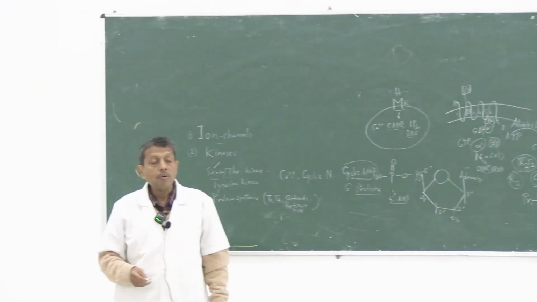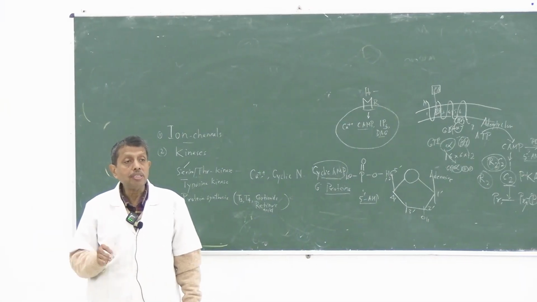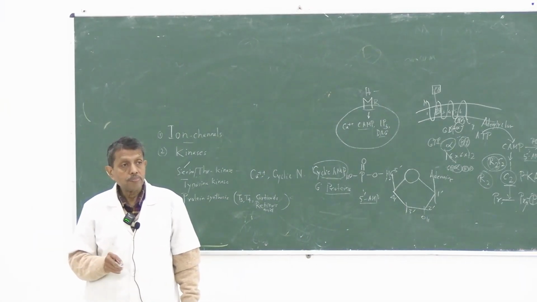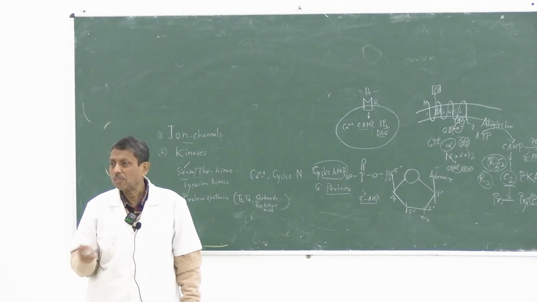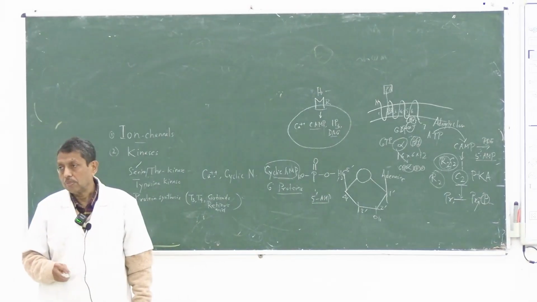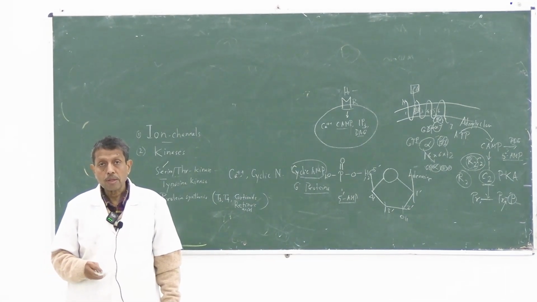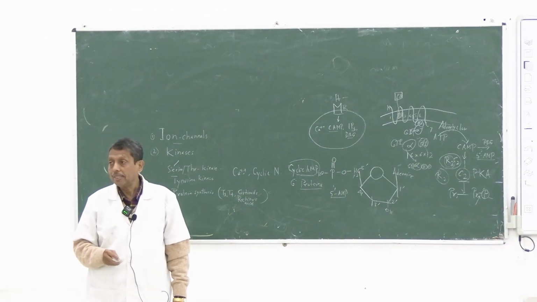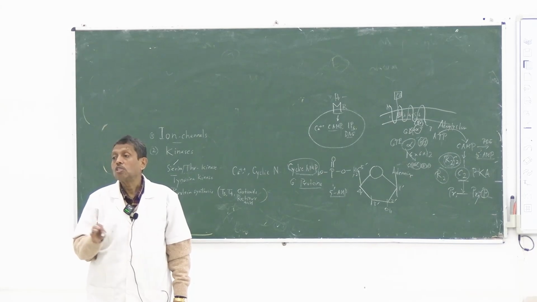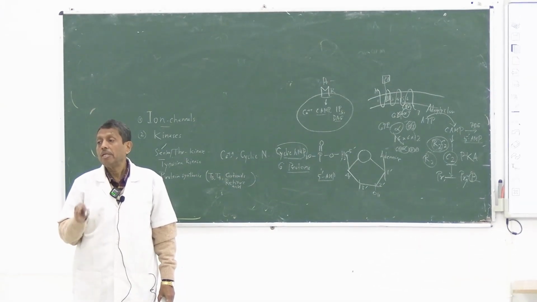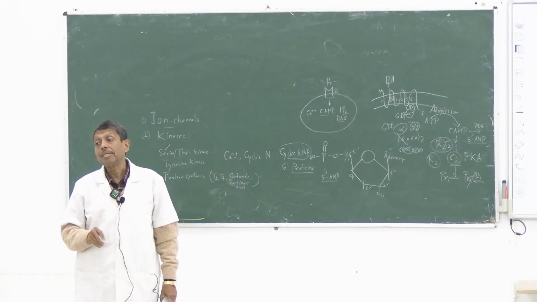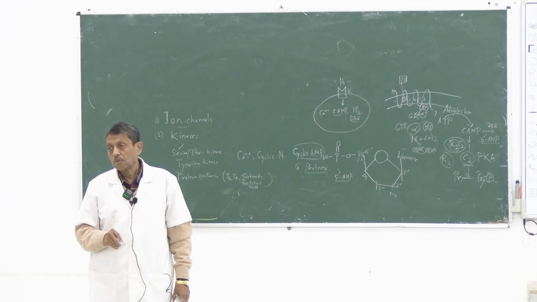And calcium must be available within the cell in some cases, so that contraction of the muscles can occur, secretion, proliferation, many other effects. Calcium concentration in the extracellular fluid is more and intracellular is less. So by means of some hormones or ligands, it is possible to increase the calcium ion concentration.